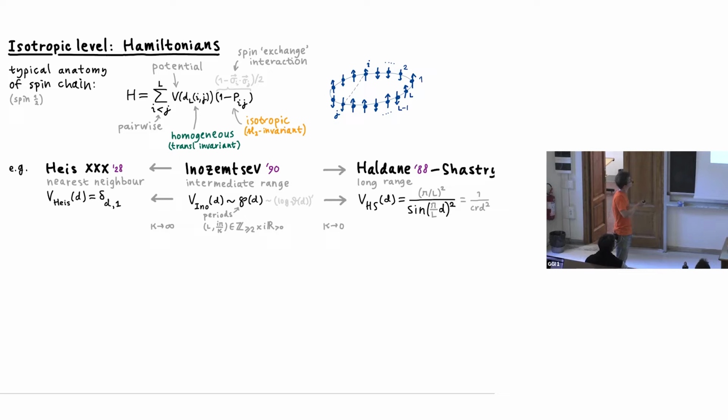And then spins that are further apart might interact less strongly. So there's a potential function here which dampens the interactions at longer range, and the potential function determines the long-range behavior. Let me note that these types of spin chains are isotropic, so they commute with sl2, or su2 if you wish, because of this structure of the spin interactions.